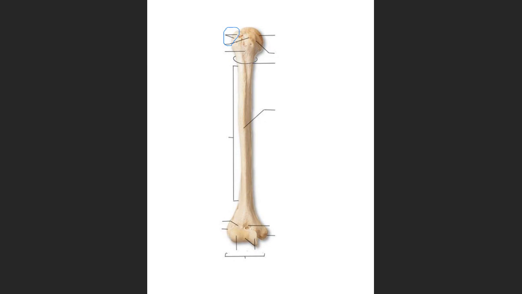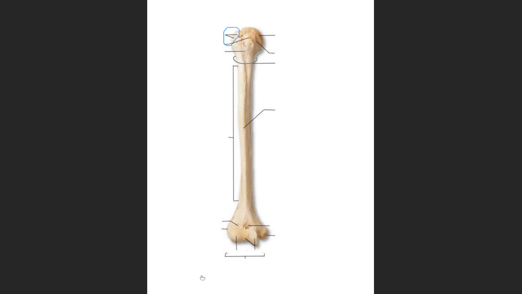Okay, what about this? Is that the surgical neck? Well, the surgical neck would be circling that whole thing, the whole area surrounding it. Is it the intertubercular groove? Well, that's your other tubercle, I'm going to guess, or is it this one? This image is really small for me to see.